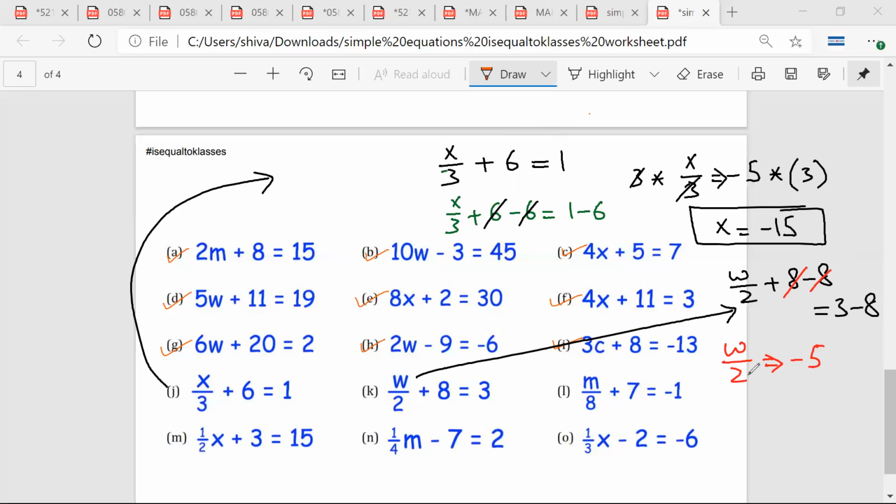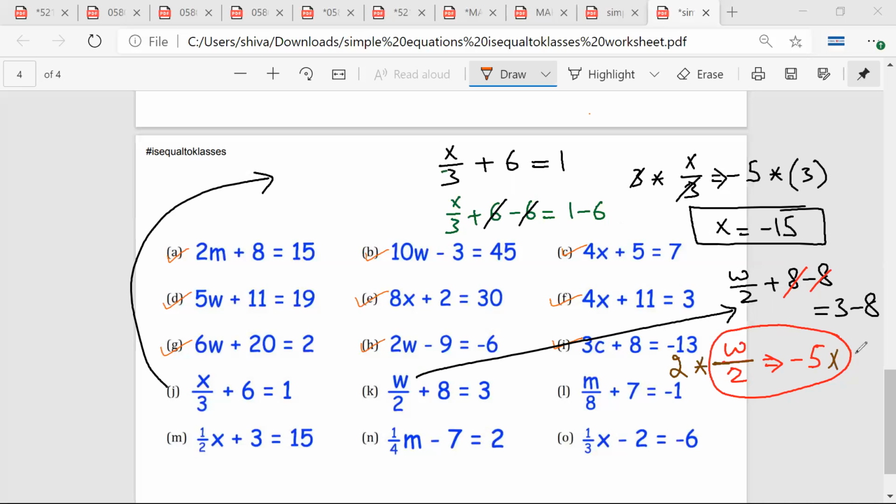Okay. Mr. Satya, after this, what did you do? After this, what should I do? Mr. Satya, multiply by what? Minus 5 into 2. Arey, why will we do minus 5, bhai? What do you want to eliminate? 2. Shabash. So what should you multiply on both sides? 2.